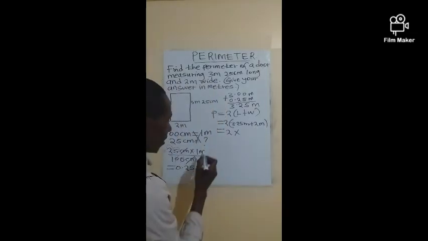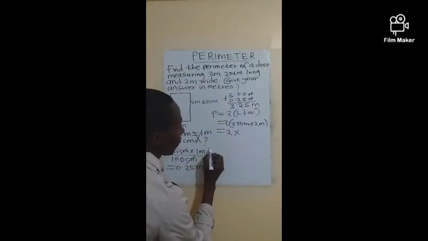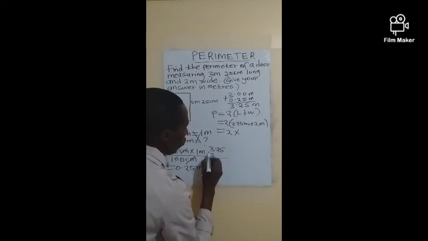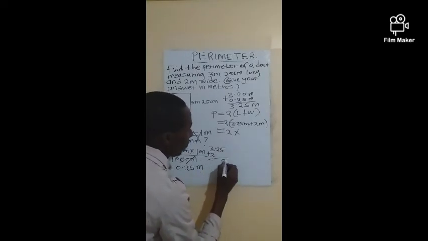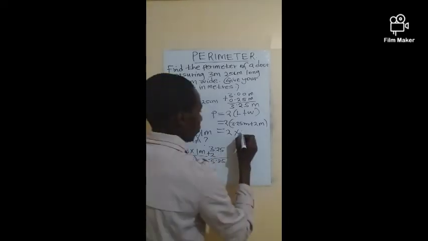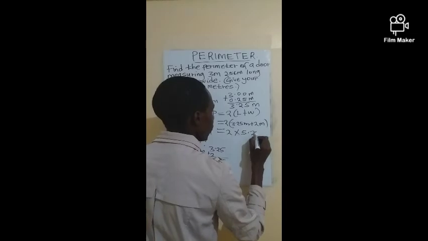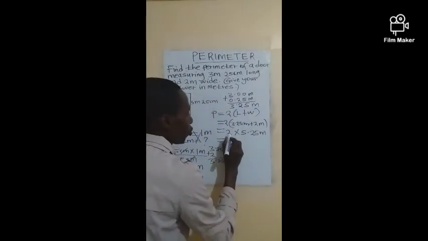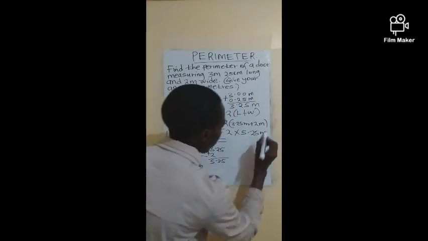You come aside here and you add 3.25 plus 2, which is going to be 5.25 meters. Our answer is going to be 2 times 5.25.